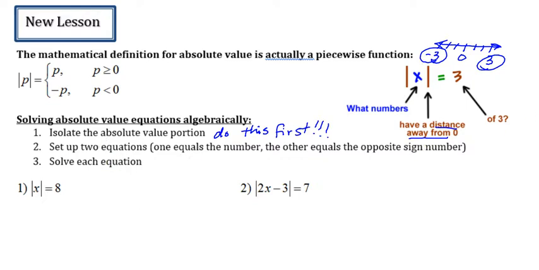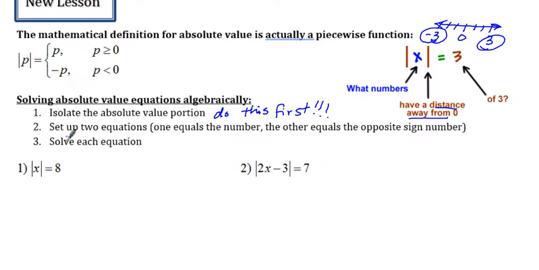Let me show you how this happens. If you come upon the absolute value of x equals 8, what was step number 1? Step number 1 was isolate the absolute value portion. The absolute value portion is already isolated, so step 1 was already done for us. Step 2 is to set up those two equations. The first equation is x equals the positive 8.